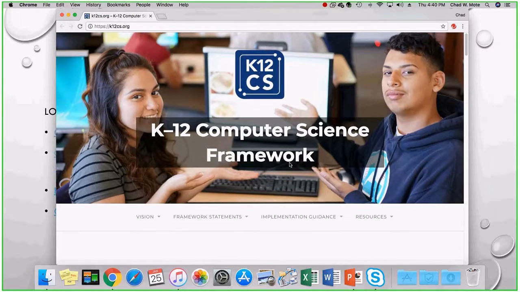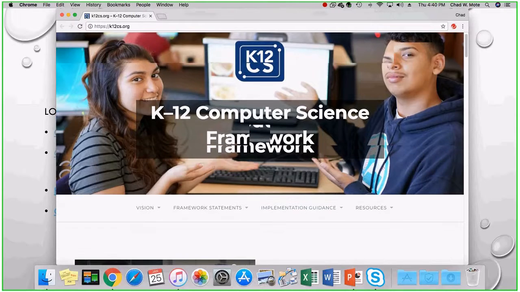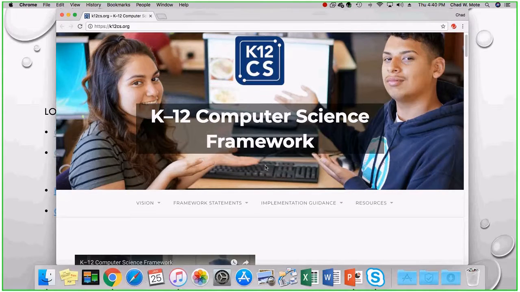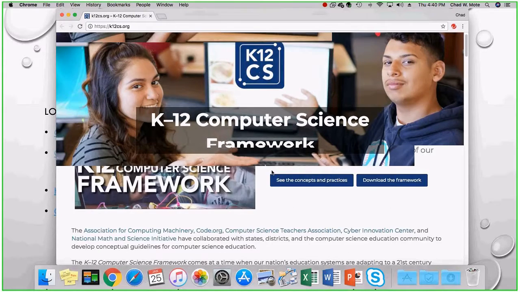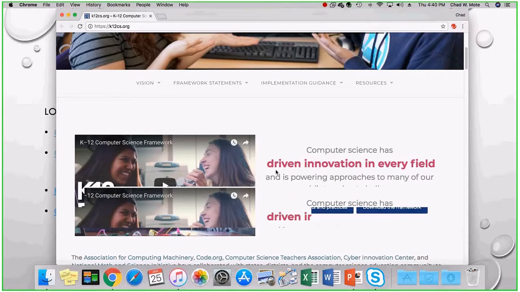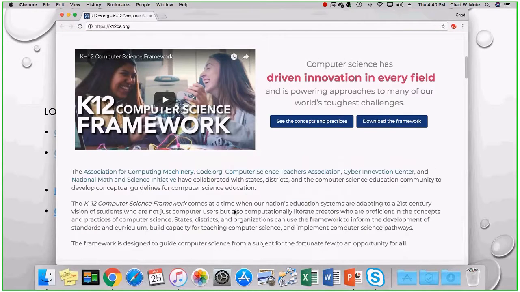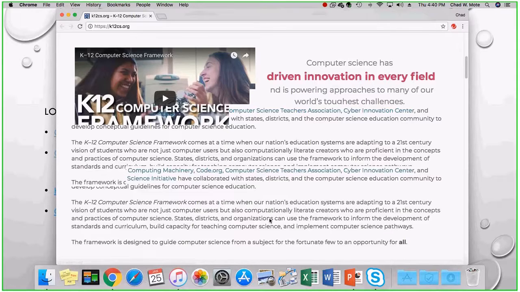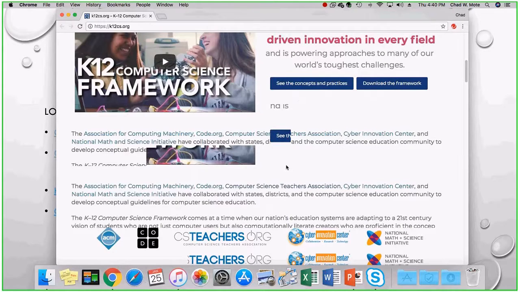So I like this website. These are the frameworks that have been put out at the national level. You can see that these are across K-12, so the vertical integration is there. There are concepts and practices and the whole framework, if one is interested in reading that.